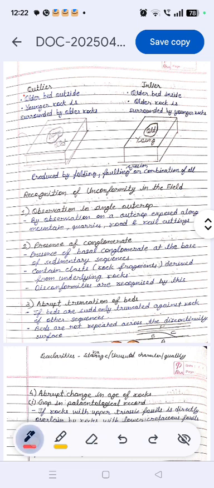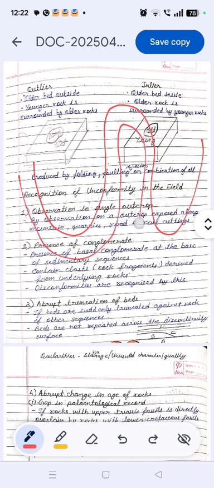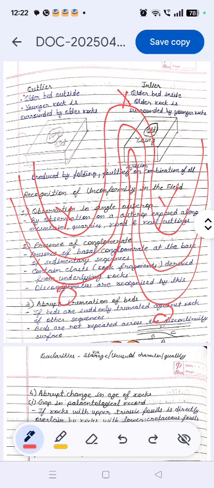Now inlier. Suppose this is the syncline fold. This is the younger layer. This is the older layer.